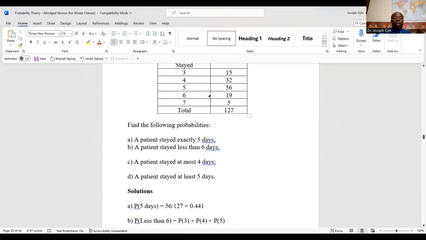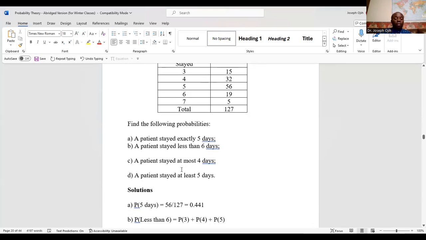The next one: the patient stayed at most 4 days.